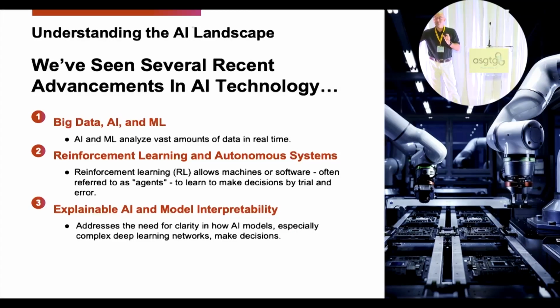How to interpret the model. Everything was a black box. It runs on the data, makes inferences, makes decisions, and eventually reaches certain actions. A lot of people would say, okay, how did you reach that conclusion and not another? That's where model interpretability comes into play, and there was a lot of technology advancement in that field as well.